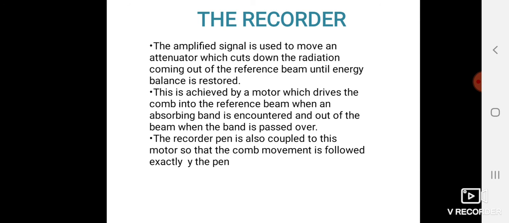So the out-of-beam and absorbing signals are both studied, and the recorder pen is also coupled to the motor, so that as and when there are changes in the absorption, a graph is created.